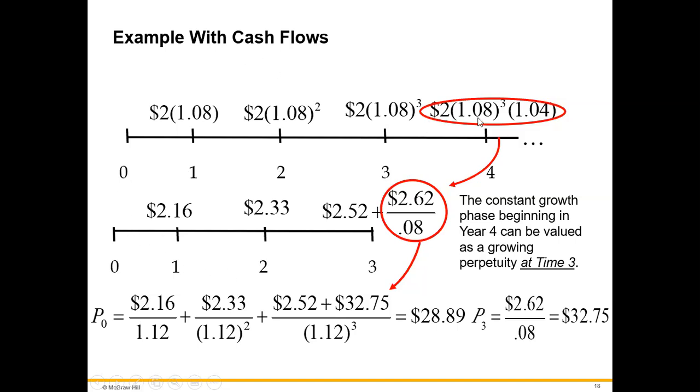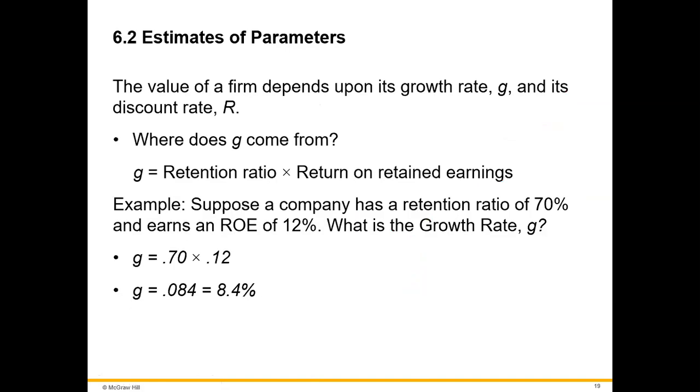Then we need to determine what our next dividend will be, and then determining that present value in perpetuity. Okay, and that's how it all jives out. Okay, so those are our models.